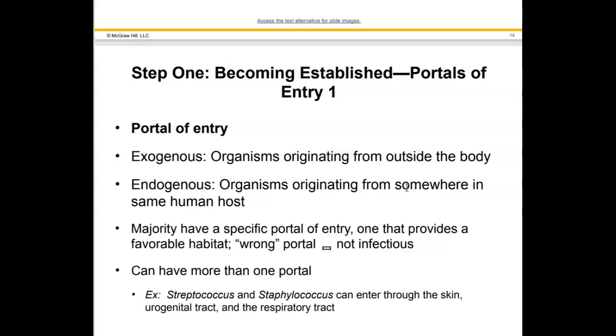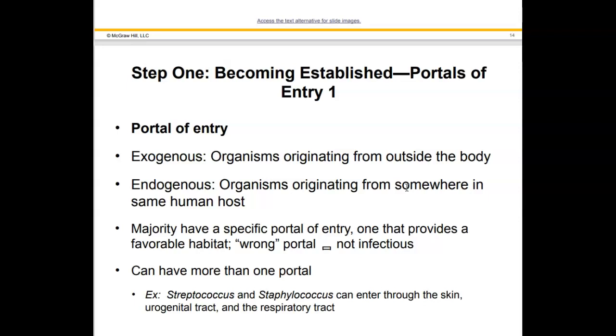So if we talk about endogenous and exogenous, exogenous organisms definitely originate from outside the body and are making their way inside, versus endogenous organisms that originate from somewhere within the same host. So an endogenous pathogen could already be inside, and so the bacteria is basically misplaced.